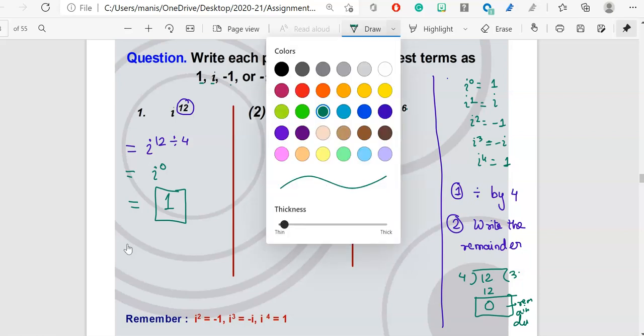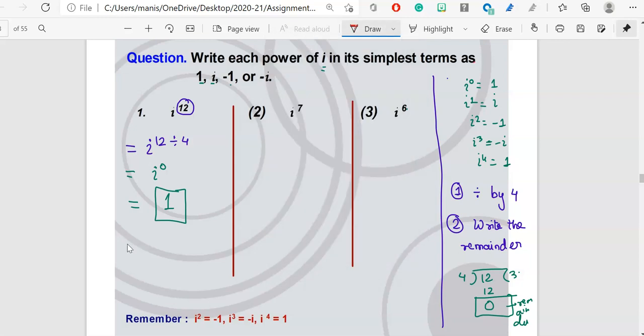Do keep in mind I will be using the rules which are on the right side over here. Rule number 1, divide the exponent by 4. So what is my exponent? My exponent is 7. I will divide this by 4 and write the remainder. So this is my 7. 4 times 1 is 4, and I will subtract.